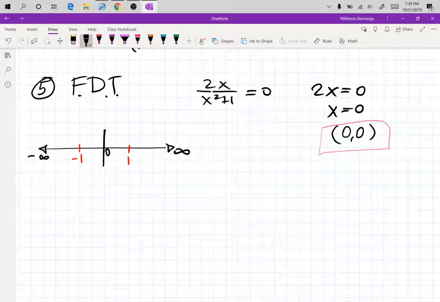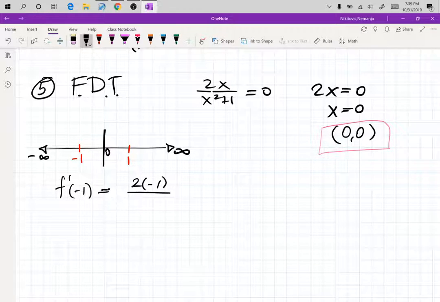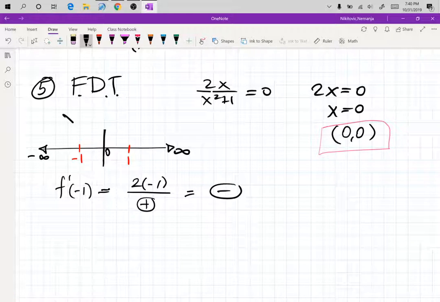And we will have the f prime of negative 1. That's going to be 2 times negative 1 over something positive, which altogether is negative. Decrease.